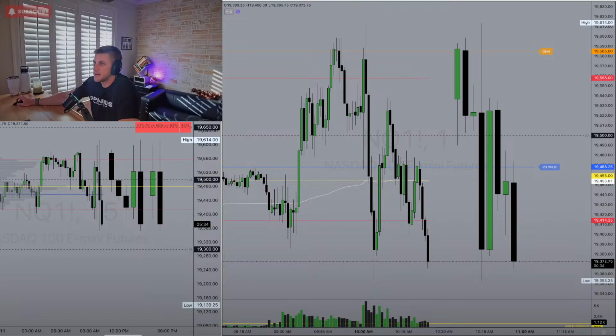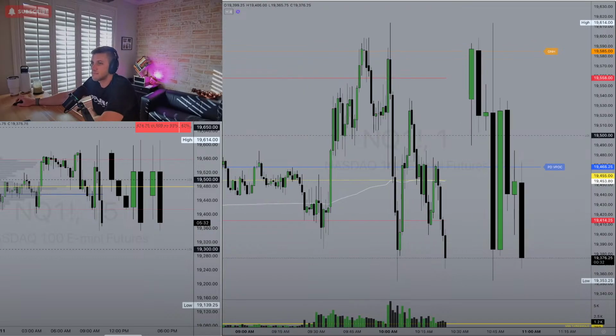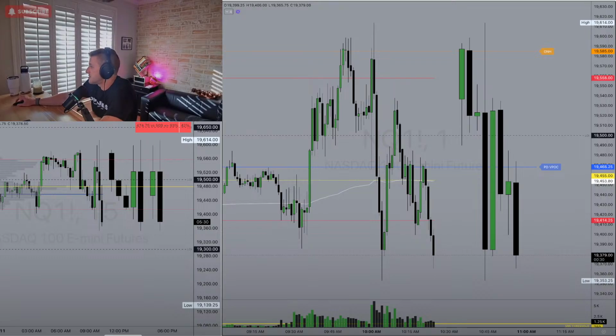All right, NQ getting into the lows. See if we get the flush down into 300. The flusher.